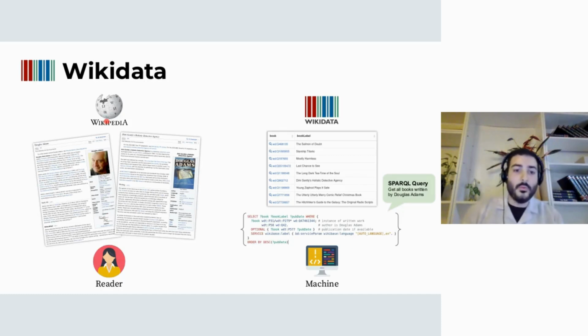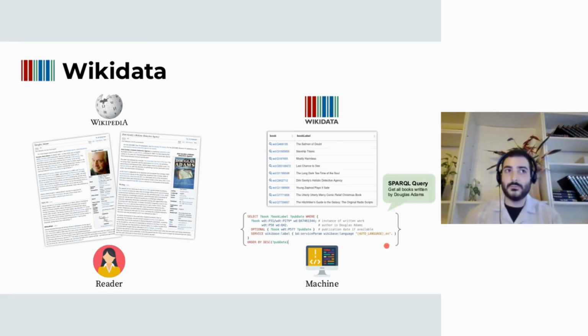So we all know Wikipedia is basically a list of articles where humans can access the articles and read all the information on it. However, Wikidata is more accessible through machines.